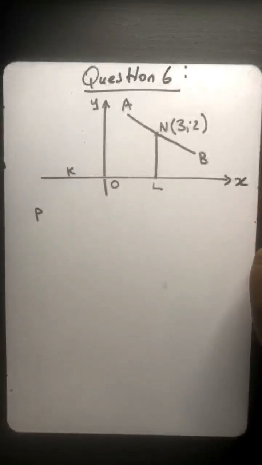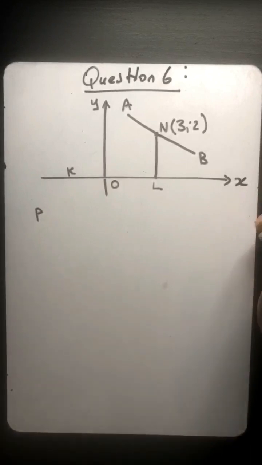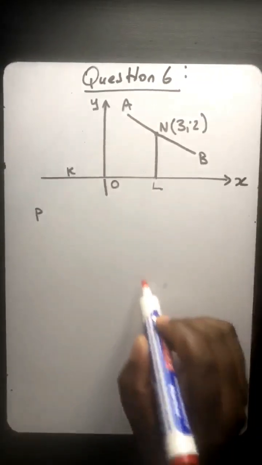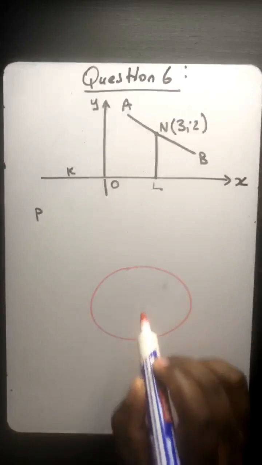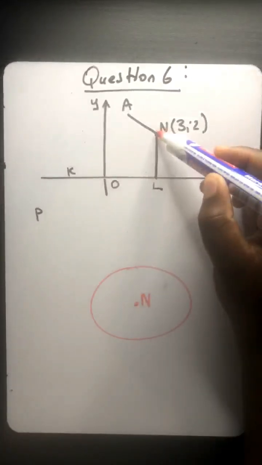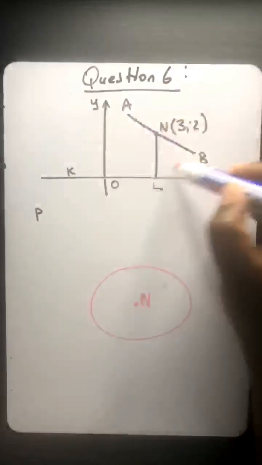This is what the information says. A circle centered at N, having the coordinates 3 and 2. Most importantly, the moment the examiner says a circle centered at N, you already imagine a circle having a center at that point being N, so you have a circle around that center.